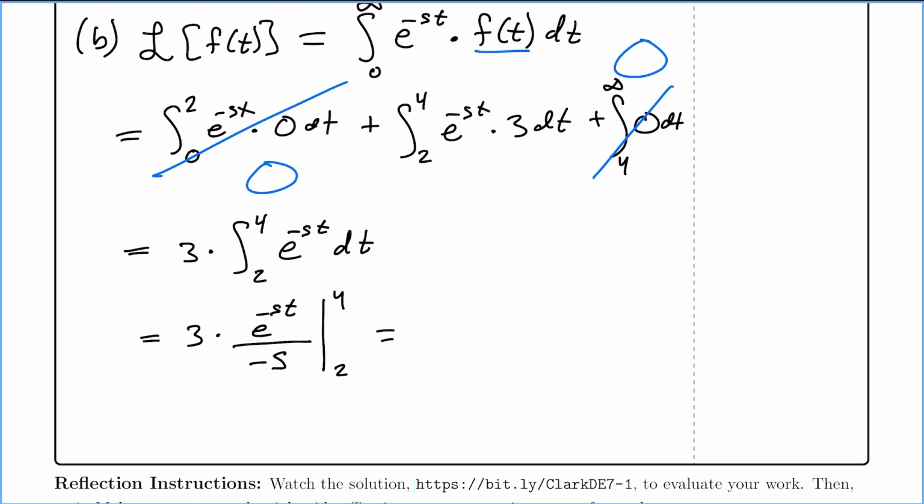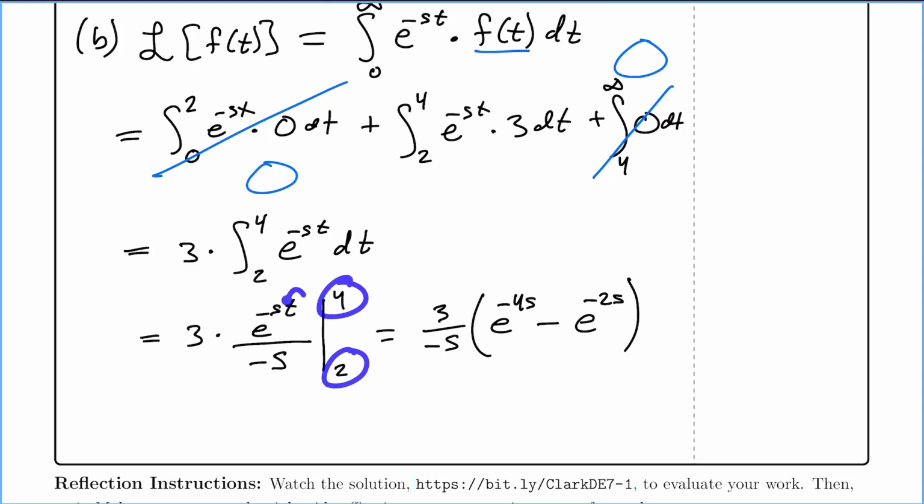And so we have 3 over negative s times e to the minus 4s minus e to the minus 2s, by putting in 2 and 4 for t, because t is, again, that variable of integration. And you might simplify this down to 3 over s times e to the minus 2s minus e to the minus 4s.